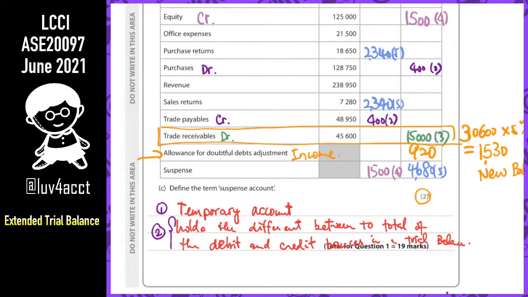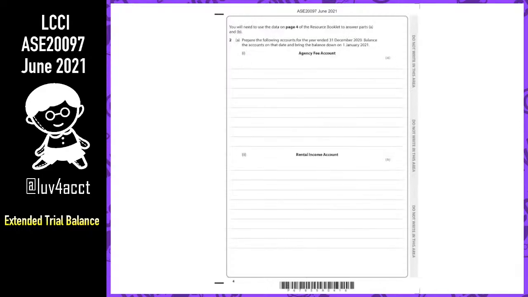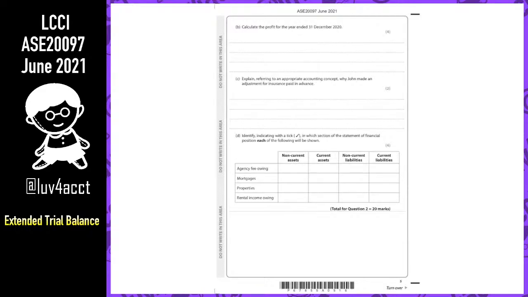So, next question. Let us take a look. Several items are given to you, and we have to calculate the agency fee account, rental income account, and the profit for the year, and an accounting concept, and then some identification of items, classification. 4 marks.